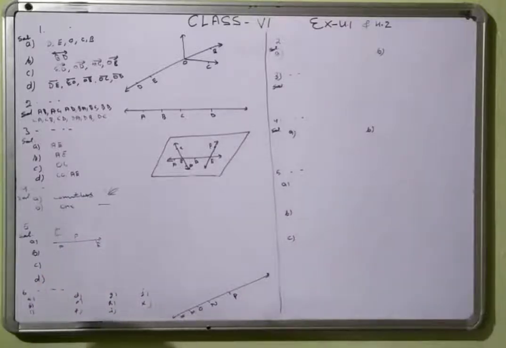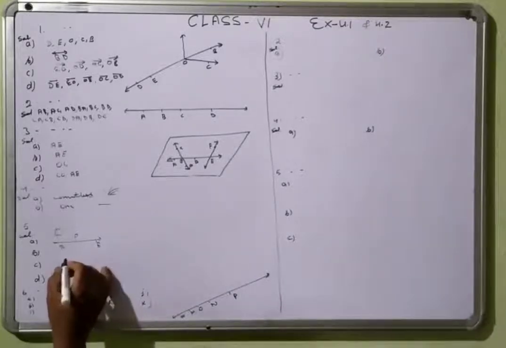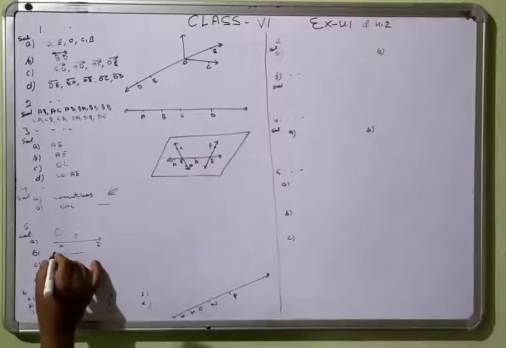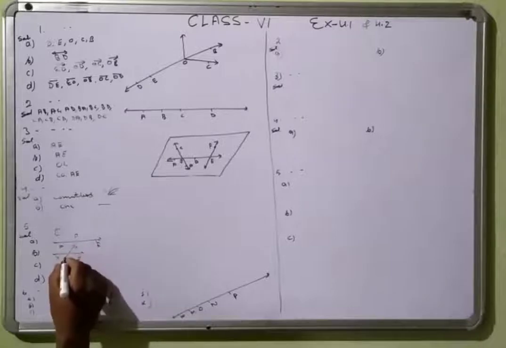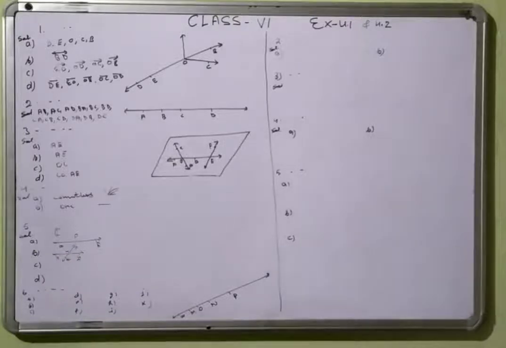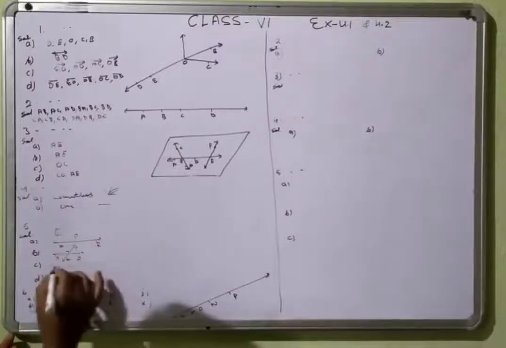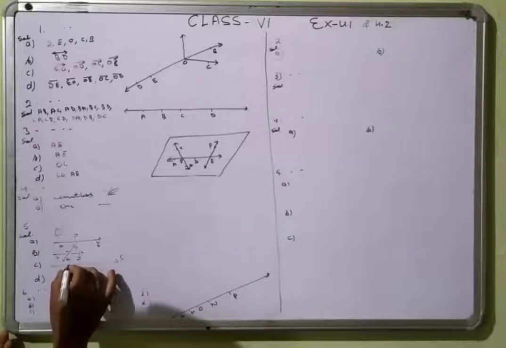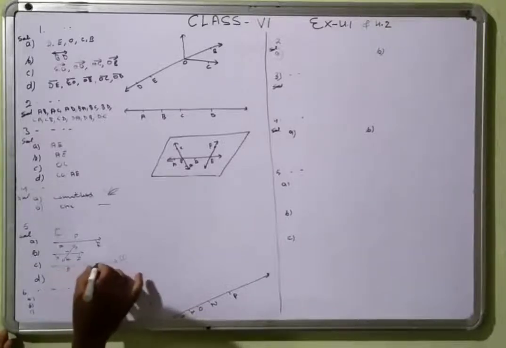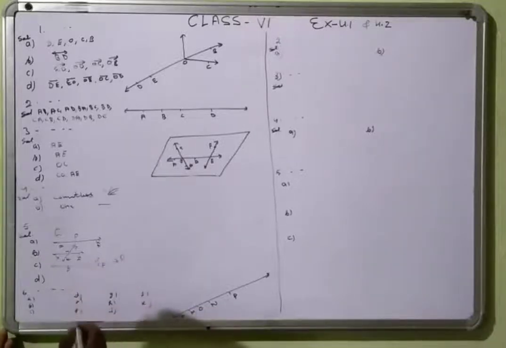Part B, XY and PQ intersect at M: X, Y and then PQ, P, Q, and that is M. Part C, line L contains E and F but not D. Line L contains EF, E, F but not D, so that will be D. It means outside the line.